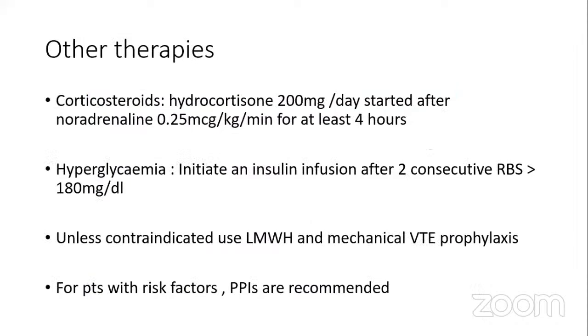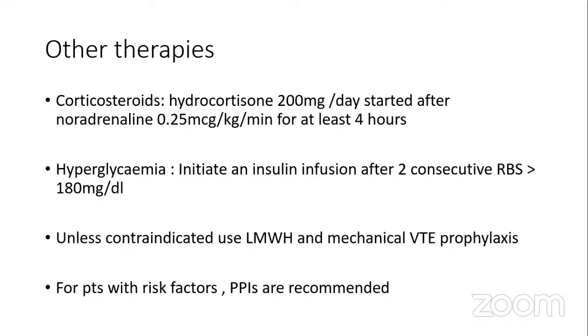So other therapies that have been talked about, there's corticosteroids, that's hydrocortisone. Largely, these are supposed to be immunomodulatory therapies, although there's still a lot of controversy, especially about the mortality benefit.